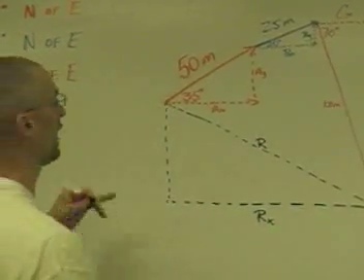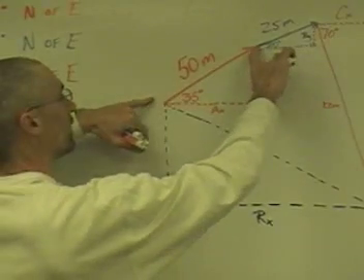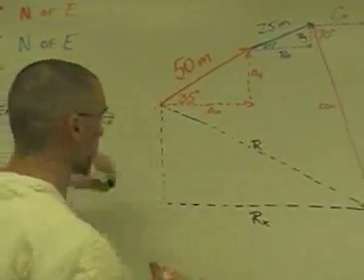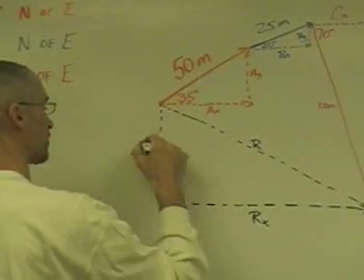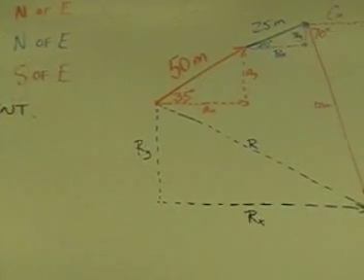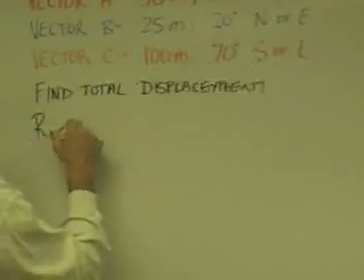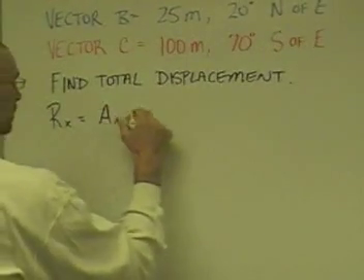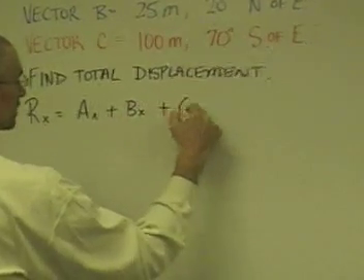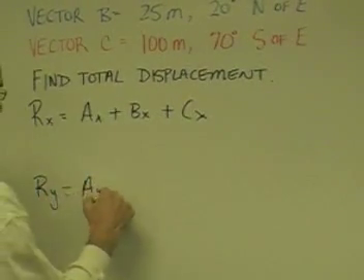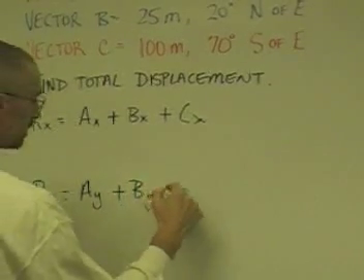Now my Ay going up, my By going up, and my Cy going down, if we add all those together, that would give me my resultant in the Y direction. So we can say Rx equals Ax plus Bx plus Cx, and Ry equals Ay plus By plus Cy.